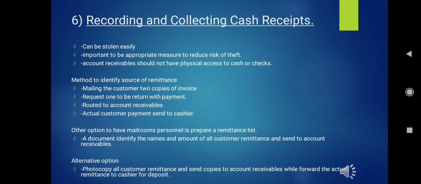So cara lain untuk kita membuat mail room selain daripada emel adalah pihak syarikat sendiri perlu membuat satu senarai kiriman wang daripada pelanggan supaya senarai kiriman wang ini adalah salah satu dokumen untuk kita mengenal pasti nama dan jumlah yang telah dihantar oleh para pelanggan kepada syarikat untuk kita letakkan di dalam akaun penghutang supaya pelanggan tidak perlu lagi membayar.